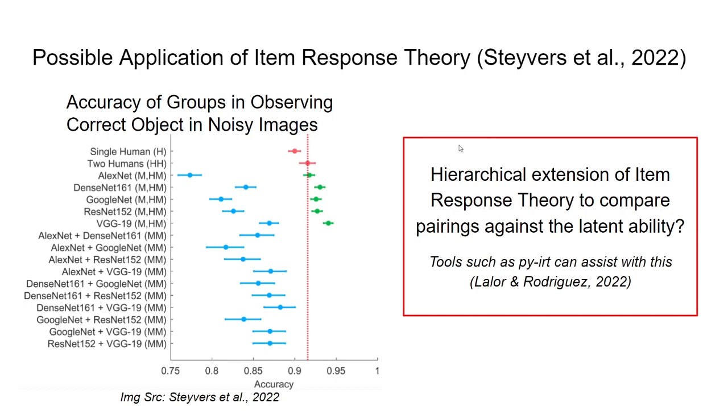I thought it'd be interesting to try to apply item response theory, maybe in this case the 4PL or 4 parameter logistic model, with a hierarchical extension to it, because we assume that these pairings of people maybe come from the same distribution, or their latent parameters come from the same distribution. And so we would use this hierarchical extension in order to compare these pairings using that latent parameter obtained from item response theory, rather than just looking at the accuracy here.